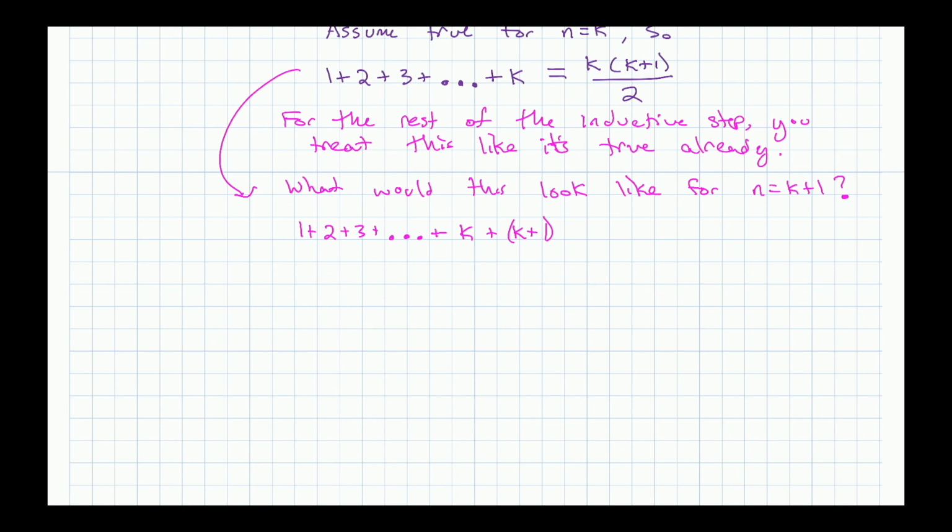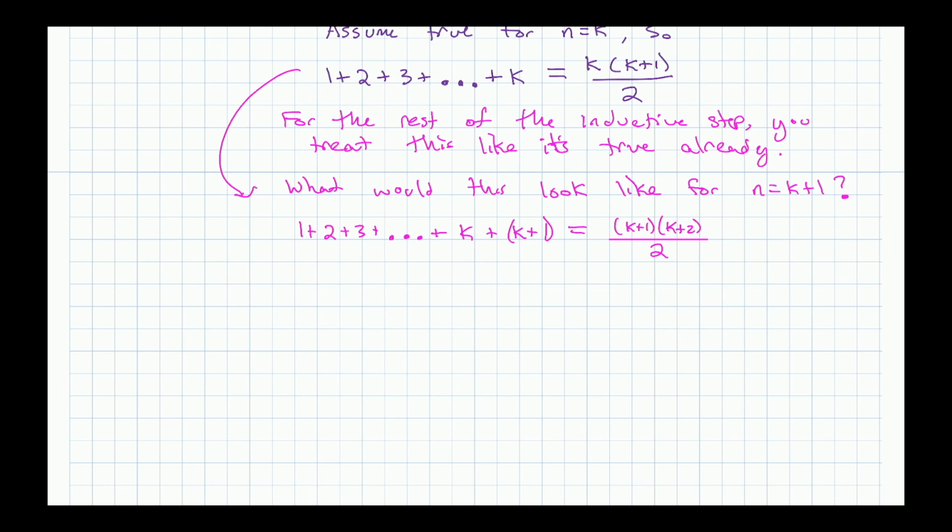And then what would the right-hand side look like if you had n equals k plus 1? Well, instead of a k here, you'd have a k plus 1 here, right? And instead of a k plus 1 here, you would have a k plus 2.